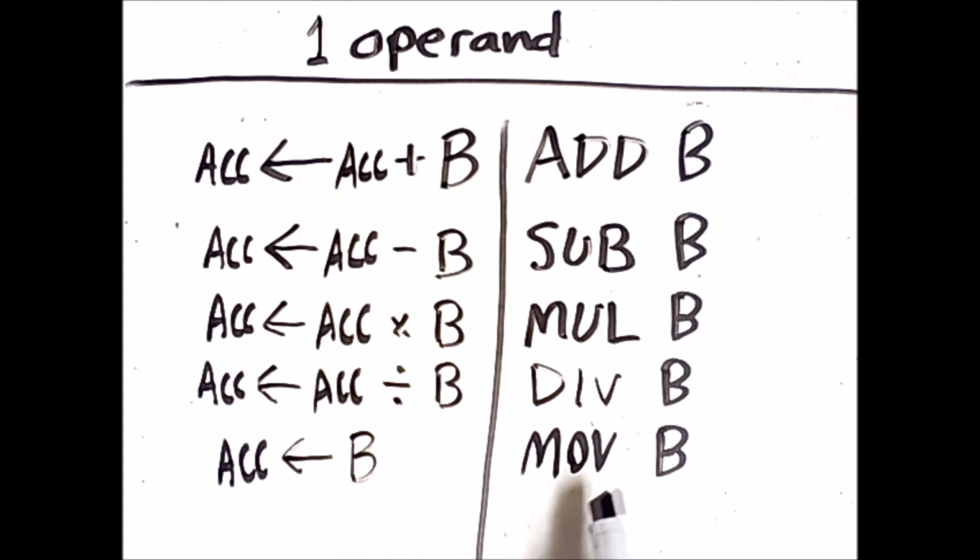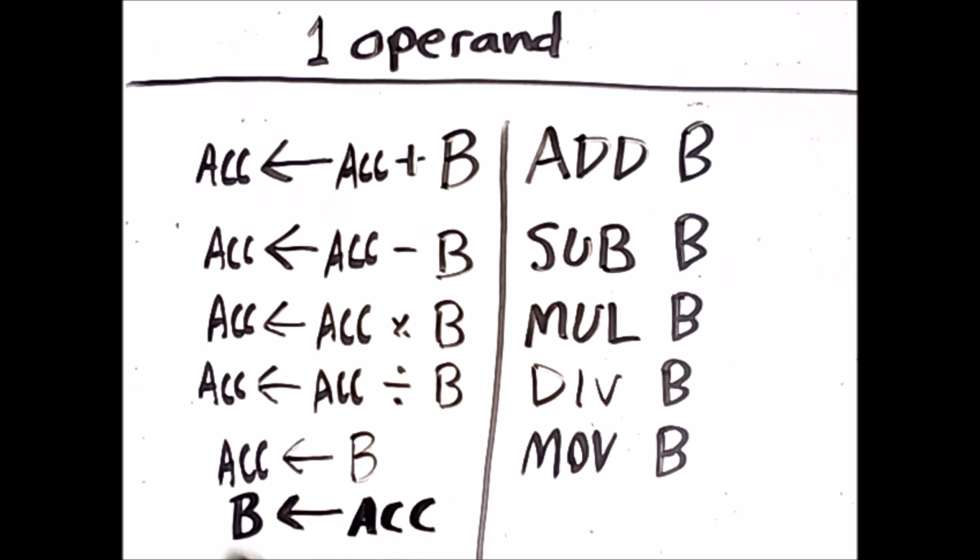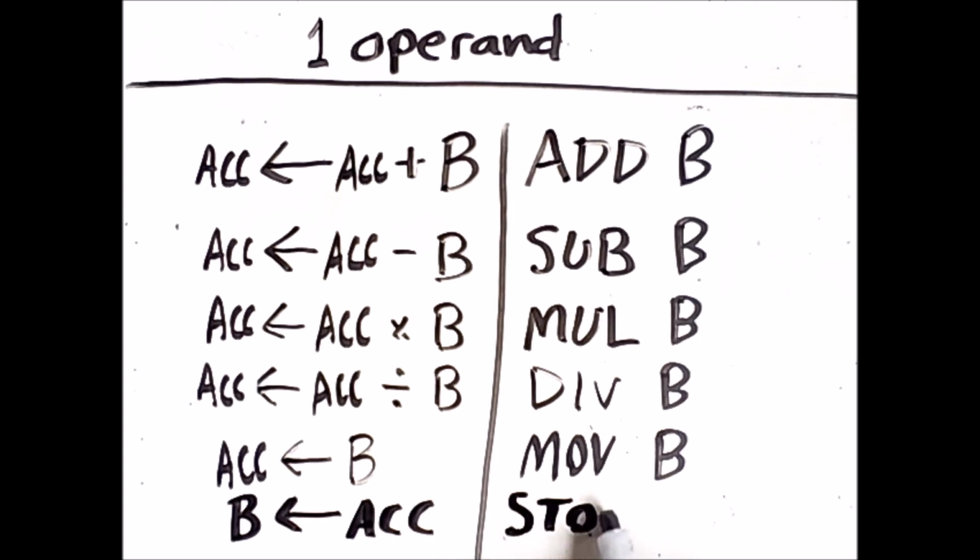Notice that this move operation can put a value into the accumulator, but we don't have a way of getting a value out of the accumulator. What we need is an additional instruction that puts the value from the accumulator into a register of our choosing, in this case designated by B. So this will be called a store operation.